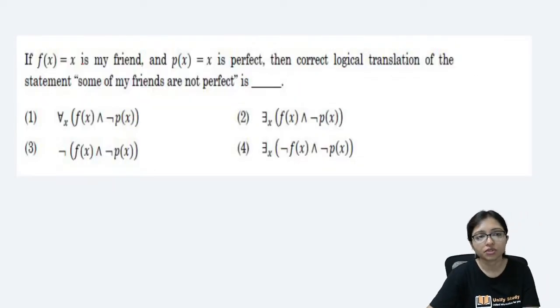So now do this one. If F(x) equals x is my friend and P(x) equals x is perfect, then what is the correct logical translation of the statement?